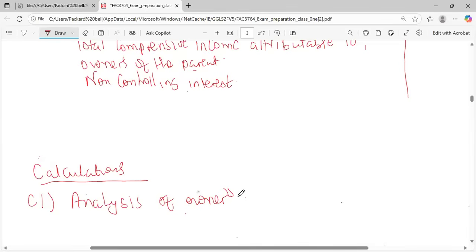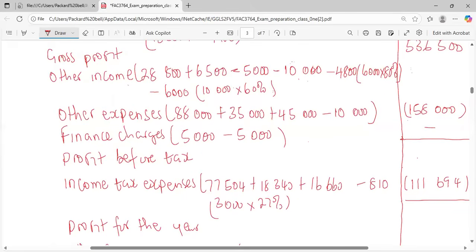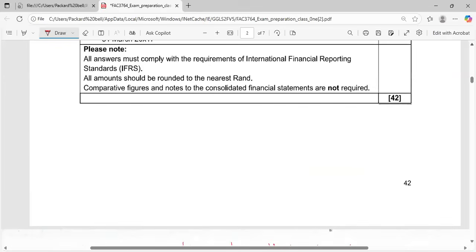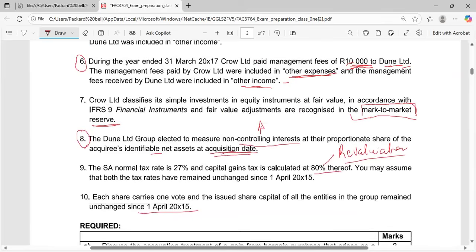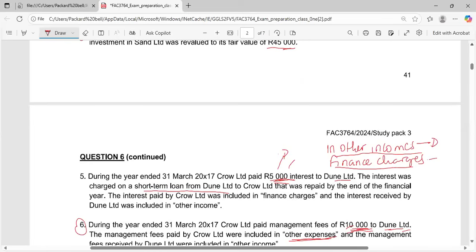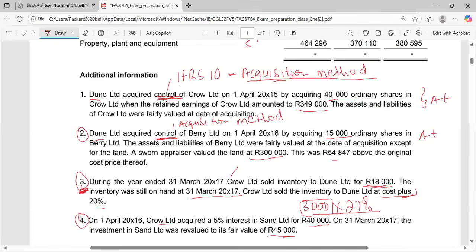So there we have to do analysis of owner's equity. It's not a must that you do the analysis. If you have any other way of showing your calculations without the analysis, you can show your calculations as long as they can be understood by the person who is going to mark.